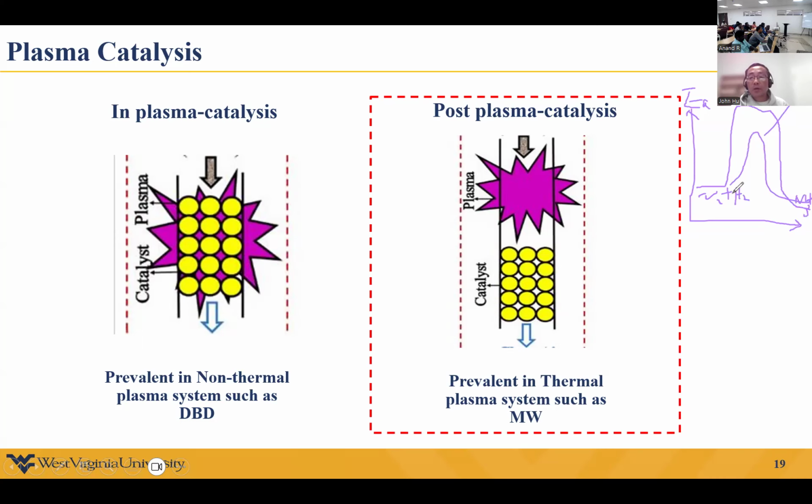Okay. Now, with the plasma, it's actually different. With the plasma and catalyst, you follow this. And then you begin, start. That's the plasma in here.